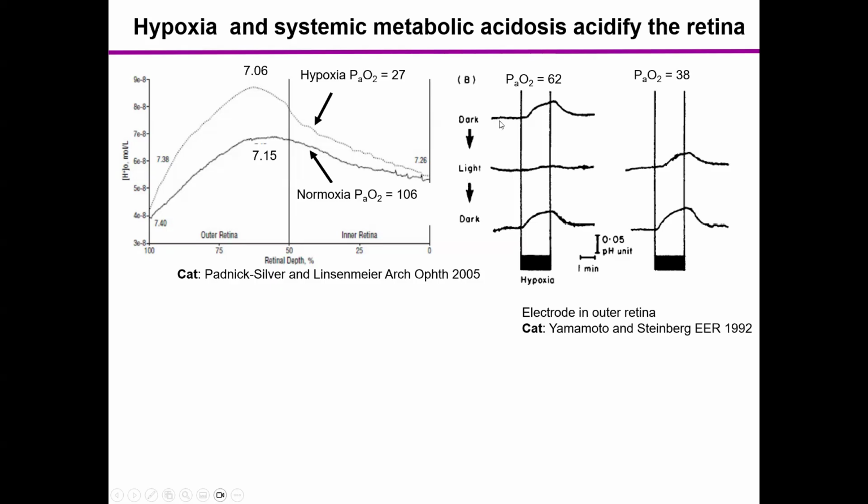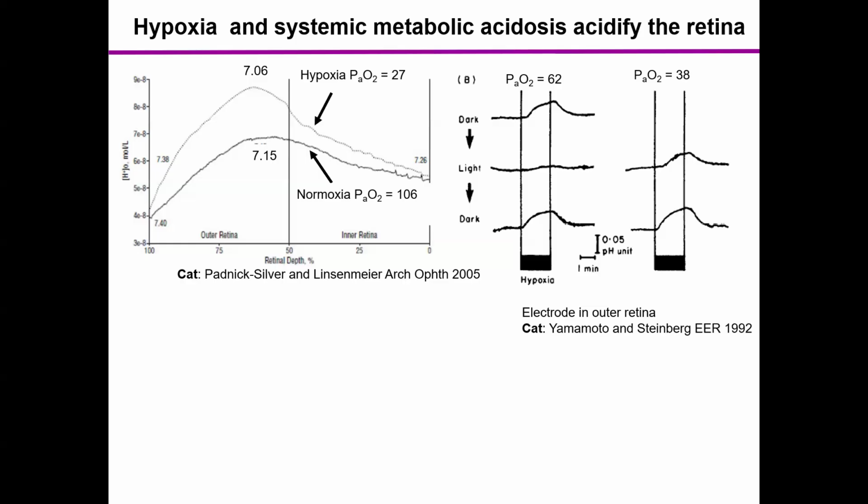In the dark, deep in the retina, in the outer nuclear layer, the hydrogen ion goes up with hypoxia. Light suppresses that, presumably because the metabolism's already lower, so it doesn't need to get increased during hypoxia.